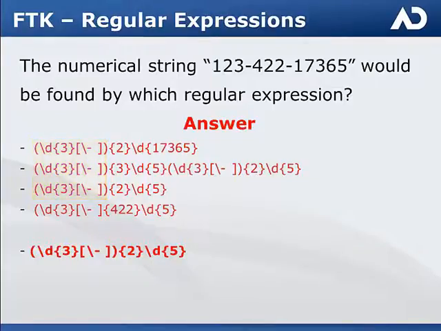So we have the 3 numbers followed by a dash or space, and we do have 2 total occurrences of that. And the next part is that we would need 5 decimal numbers, which we do have. But then the last part, there's extra information in there again that's just not part of this regular expression. So the correct answer here is the third regular expression.